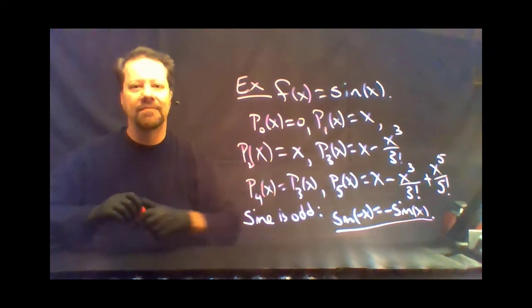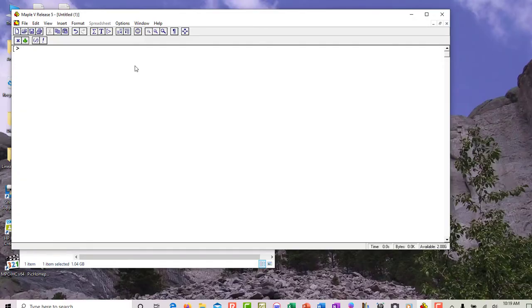I want to plot the graph of these Taylor polynomials. Let's define n to be 1 for a moment. I'm going to define my polynomials to be functions that map x into the sum.